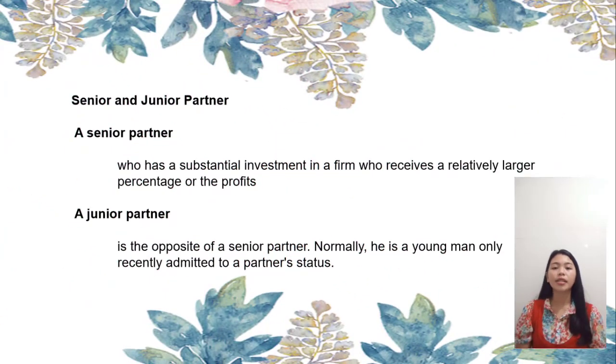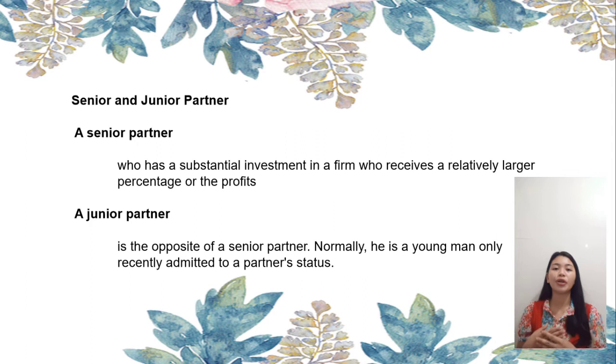So the next is the senior and junior partner. A senior partner has a substantial investment in the firm and receives a relatively larger percentage of the profit. By virtue of age and years of association with the firm, he assumes a major role in management.